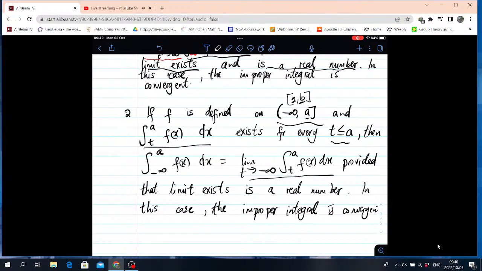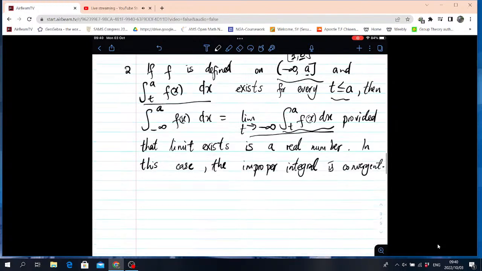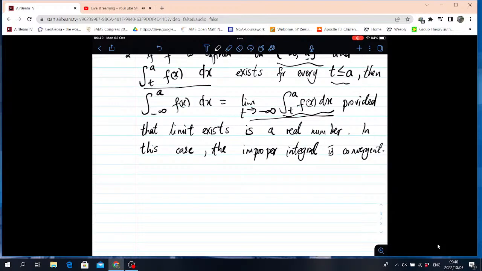So again, we create this function and then we take the limit as t goes to minus infinity, and if the limit exists and is a real number, then we say the integral is convergent.